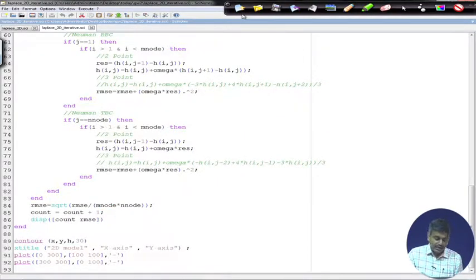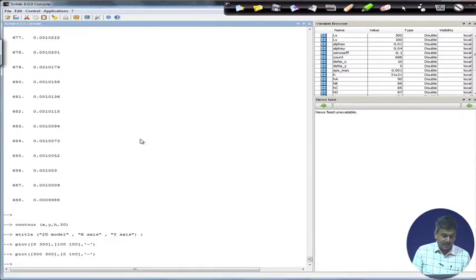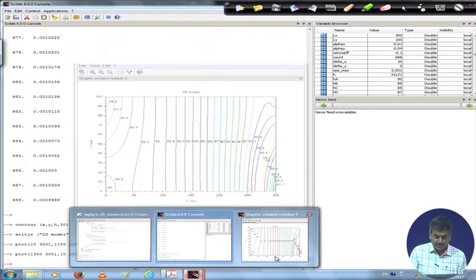Now, in this case we have already got x information, y information. Now, h information is directly available, we do not need to transfer it from single index to multi-indexed case. Now, I can run it and I should get some result for this one. So, I have done it, and this is a solution.